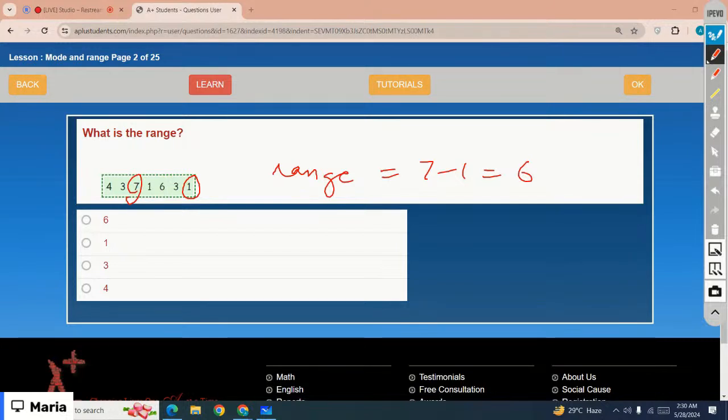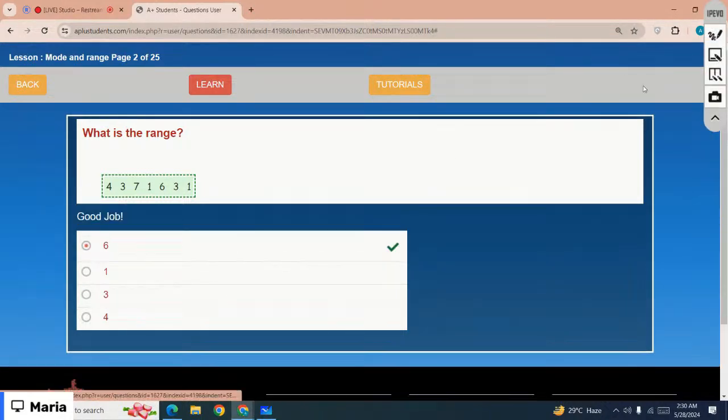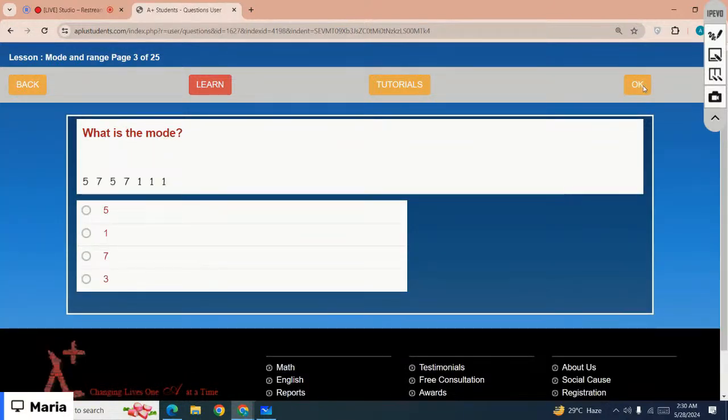The greatest value in the given data is 7 and the smallest value is 1. So the range is 6. The correct option is 6. What is the mode? Which is the mode value?